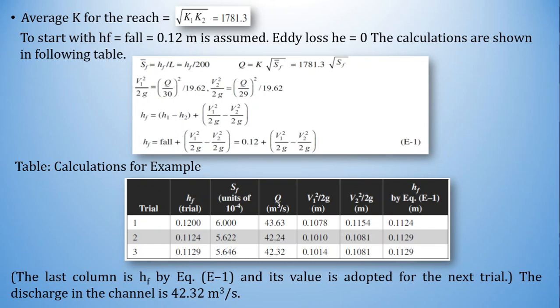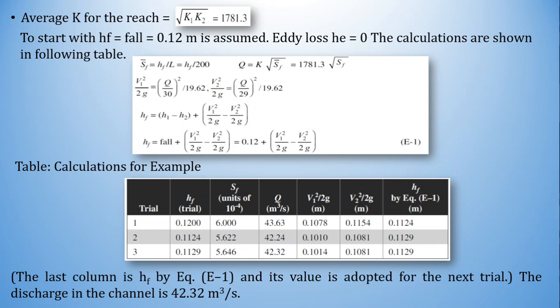HF is equal to fall plus V1 square upon 2G minus V2 square upon 2G, that means the head loss, that is 0.12 plus V1 square upon 2G minus V2 square upon 2G. So this is the estimation of head loss due to friction.